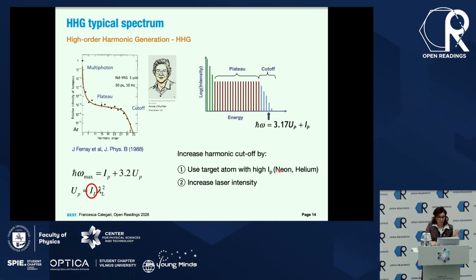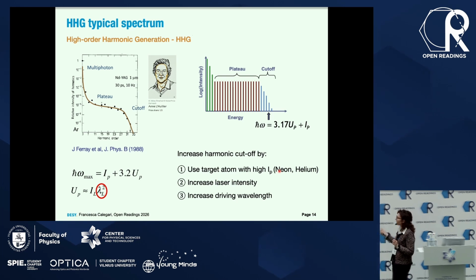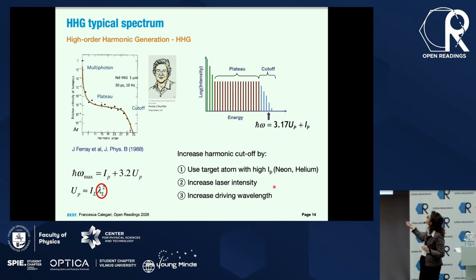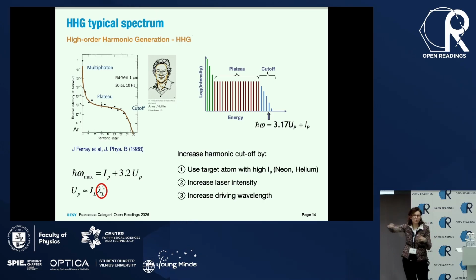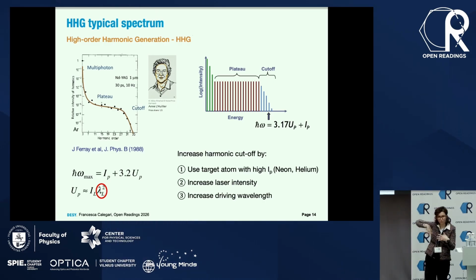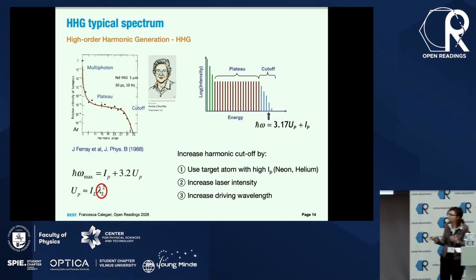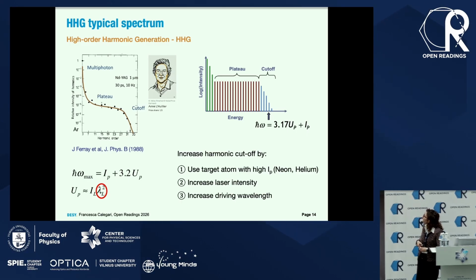Now, the interesting thing that I want to tell you here is, you would say, what can I do with my laser to push this cutoff as far as possible in the high photon energy? Because I want to emit high energy photons, and I want to emit them, so to say, the most efficiently. Well, you can do multiple things.